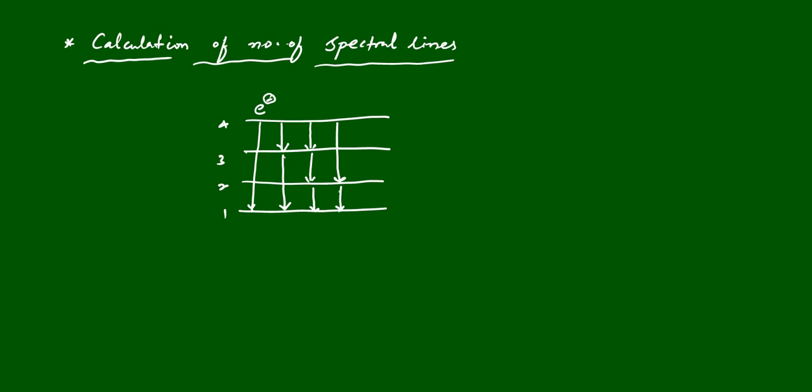Like this, various possibilities are there. Each possibility can give one radiation. When the electron jumps from the fourth level to the first level, it gives one radiation, meaning one spectral line. When the electron jumps from one level to another level, some energy is emitted, and that also gives one spectral line.